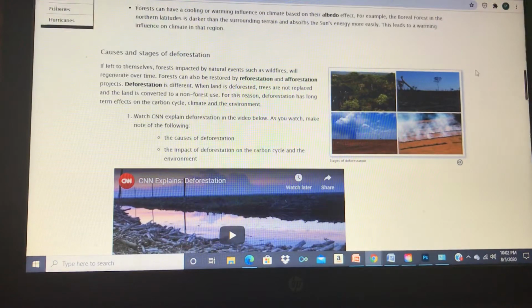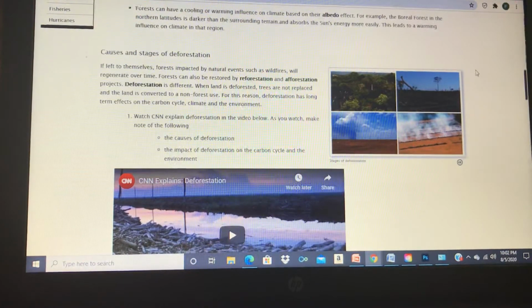But deforestation is different. Deforestation is when trees are not replaced and the land is converted to a non-forest use. So that's where we were talking about farming, agriculture, or putting up buildings, building houses or businesses, or even just making trails so we can see other parts of the forest.